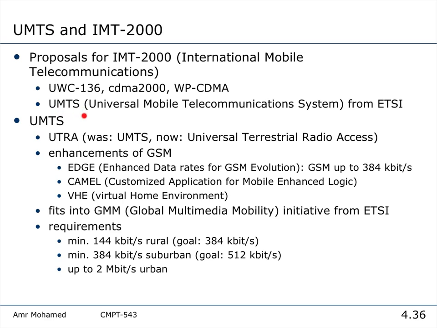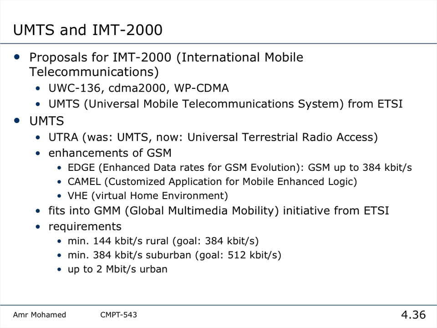This is the one that's more common, of course, and that's the one that became dominant after this. It's called Universal Mobile Telecommunication System. Later on, they named it Universal Terrestrial Radio Access, or UTRA. Okay, so UMTS is actually UTRA, and that was the proposal from Europe side that sort of tries to meet the requirement specification for IMT 2000.